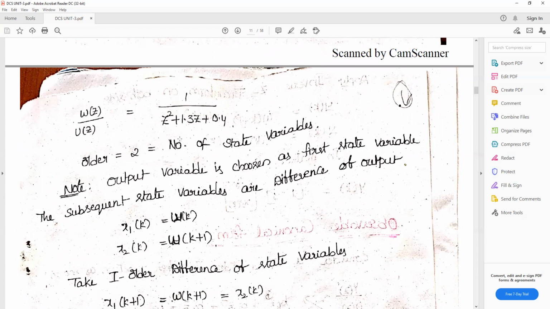Order 2 is equal to the number of state variables, so the number of state variables is 2. The output variable is chosen as the first state variable. The subsequent variables are differences of the output.